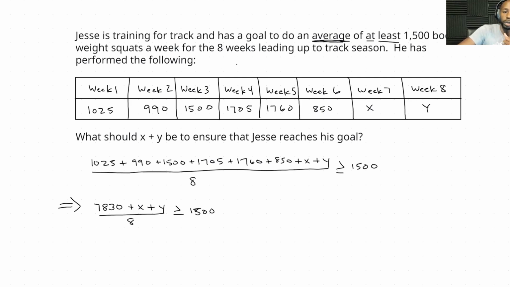Now we're going to do some cross multiplication. So that becomes 7830 plus X plus Y is going to be greater than or equal to 8 times 1,500, which is 12,000. Subtract 7830 from both sides.